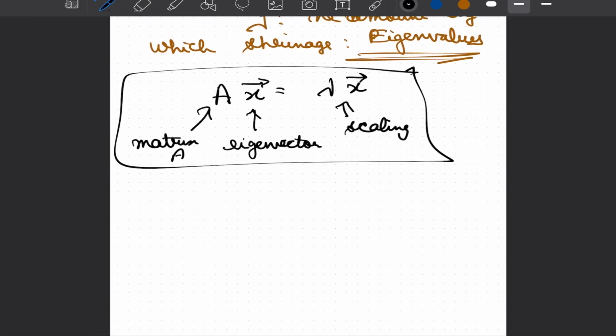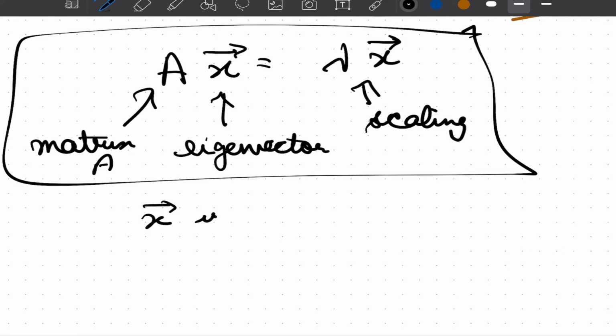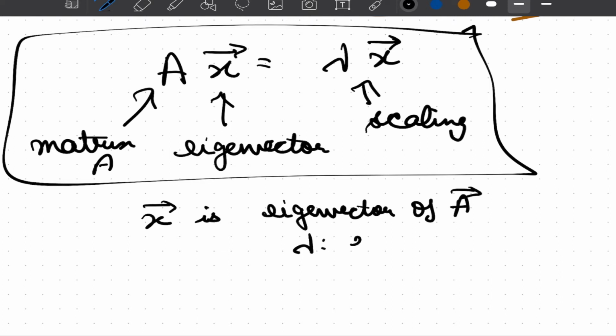Now, let us also learn some of the terminologies associated with eigenvalues and eigenvectors. Let us say X is an eigenvector of A and lambda is the associated eigenvalue.